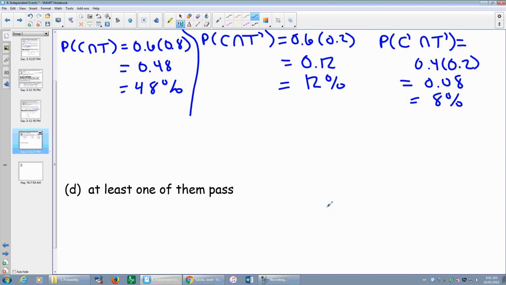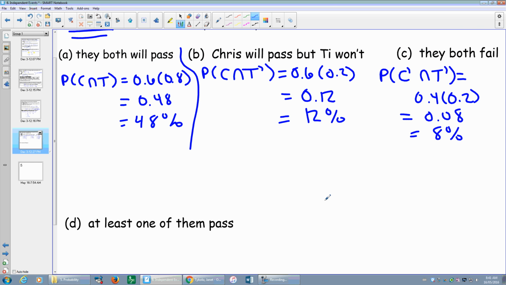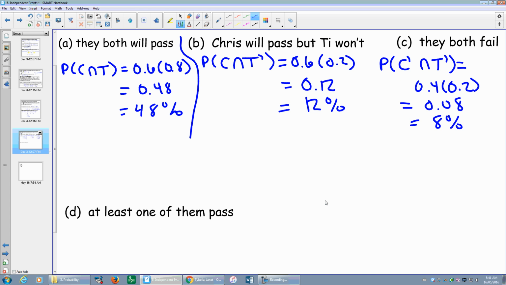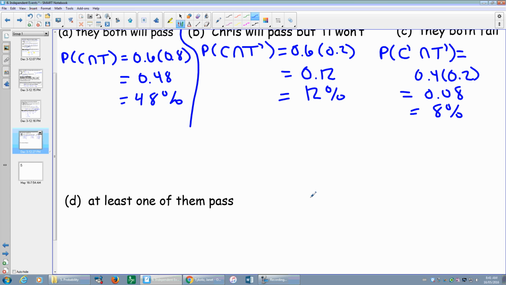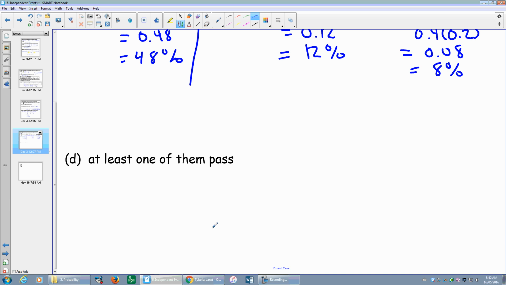Okay, the last one here. What is the probability that at least one of them passed? There's two ways you can do this question, the indirect way and the direct way. One is more work, the other one isn't. The indirect way would say I need to find when none of them pass, and I subtract that from the whole.